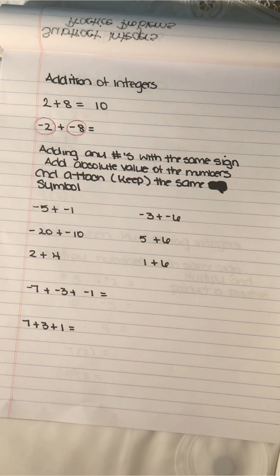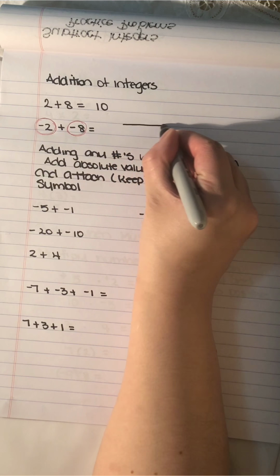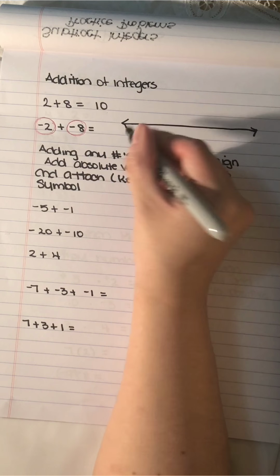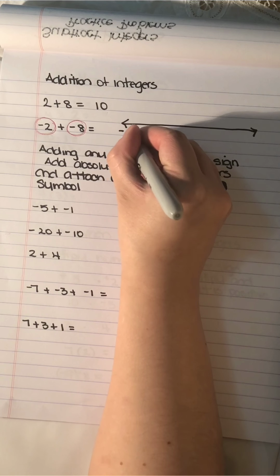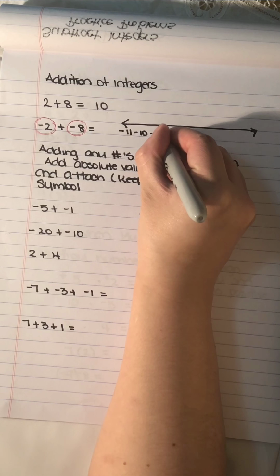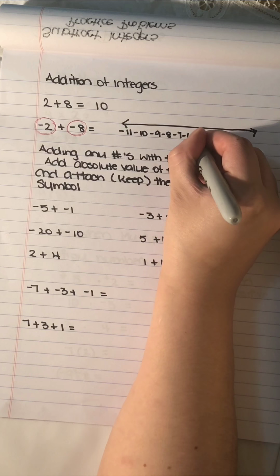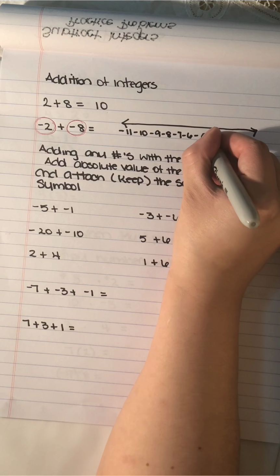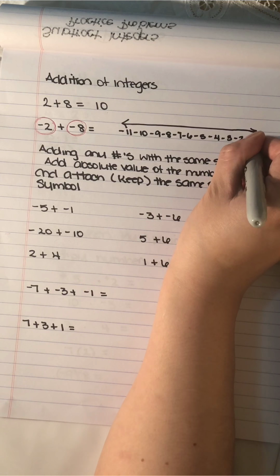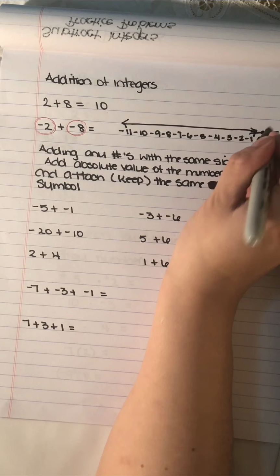Let me just draw the number line really quick so that you can visually see what I'm talking about. This is just for example purposes only. It might be a little crooked. Remember, 0 is always our starting point, right?